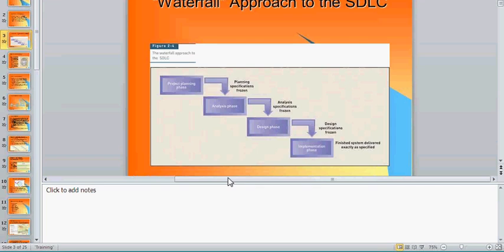Now, if the planning and the analysis is done correctly, do you think we would ever have to make any changes to our project? No. However, real life, right? Do you think every person is created alike?